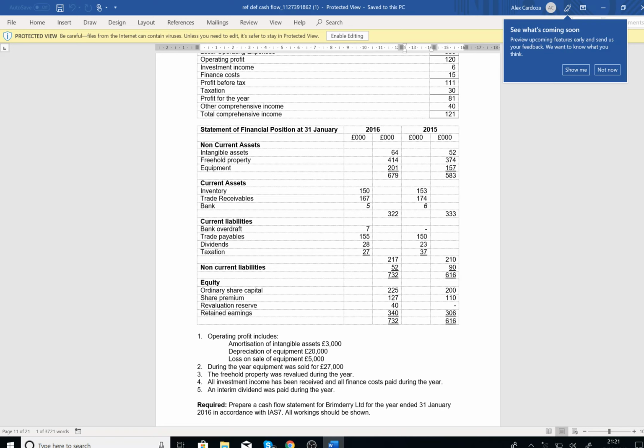We can see the difference between 127 and 110, and 225 and 200.